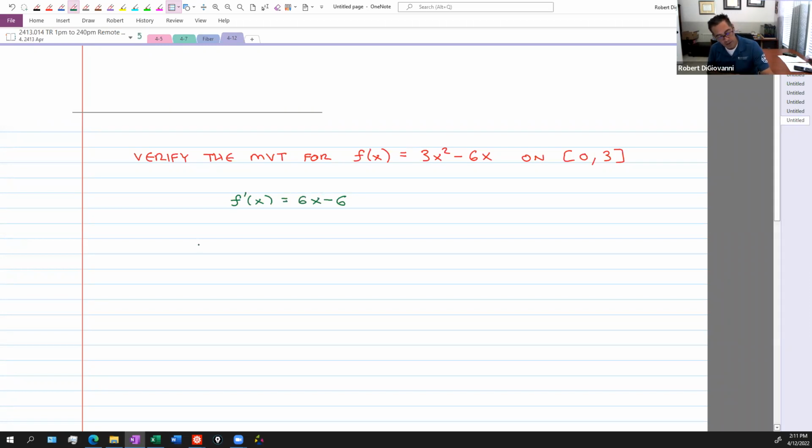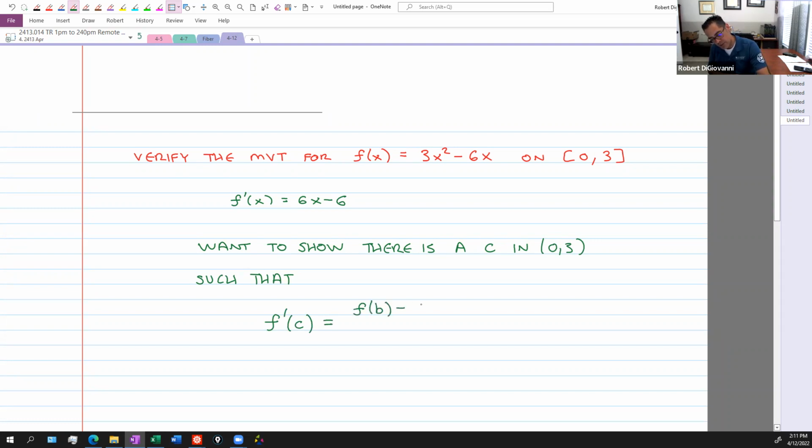Now, what do we want? We want to show there is a c in the interval (0, 3) such that when we take the derivative of the function evaluated at c, it's equal to the slope of the secant line, which is f of b minus f of a over b minus a.